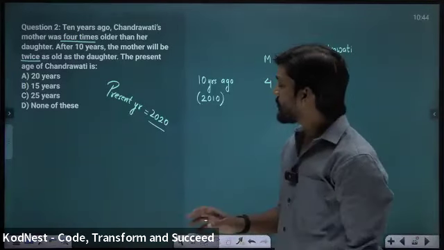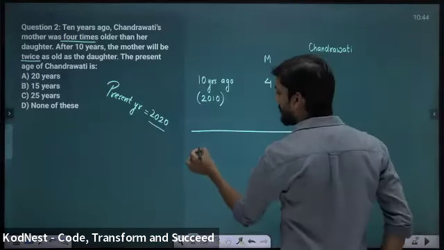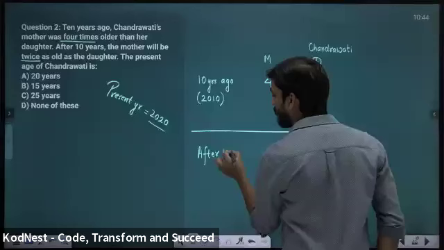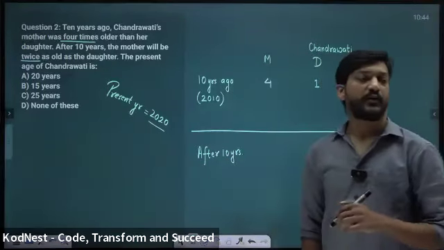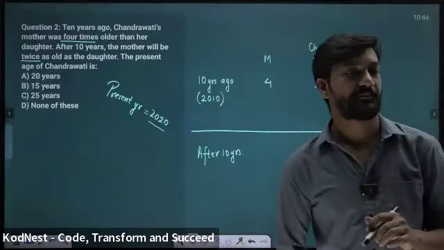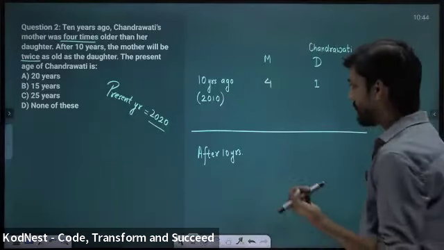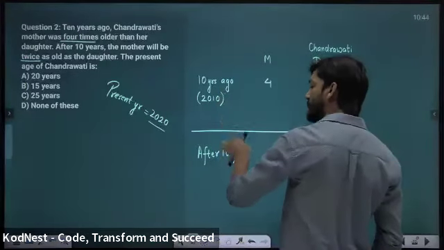Okay, after 10 years. Okay, next timeline. After 10 years, that means what is the year? What year I will take? 2030. Not 10 years later after this. Don't do plus 10.